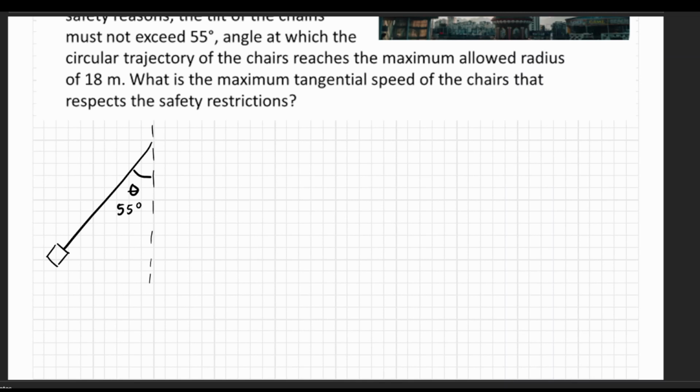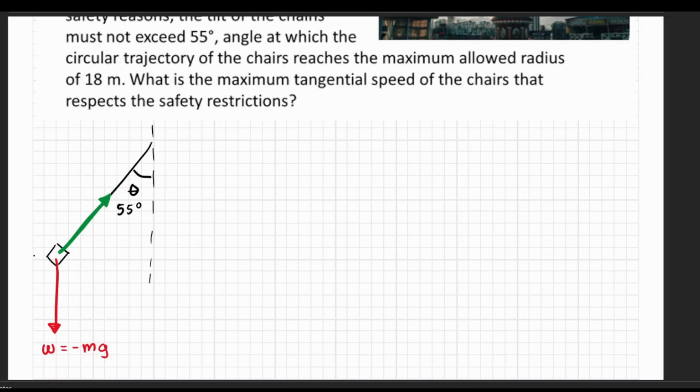Now, the chair is subject to some forces. We know that gravity is pulling downwards. So this is W, negative mg, pointing downwards. And the other force that acts on the chair is the tension from the chain, and the tension goes along the length of the chain.